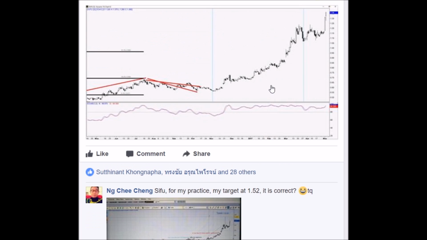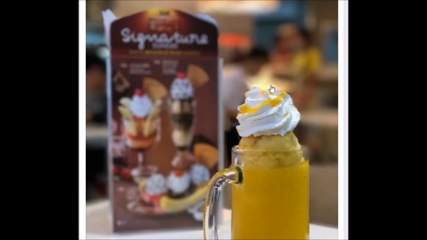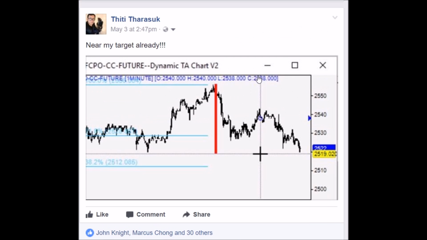I post much information, but I want to focus only on the FCPO chart. After that, you see, in the morning we posted that price has a chance to retrace to this point, and this point looks lower than or equal to the previous low.